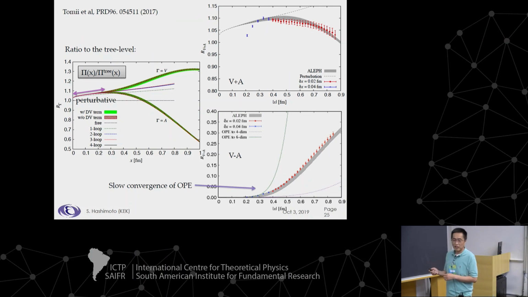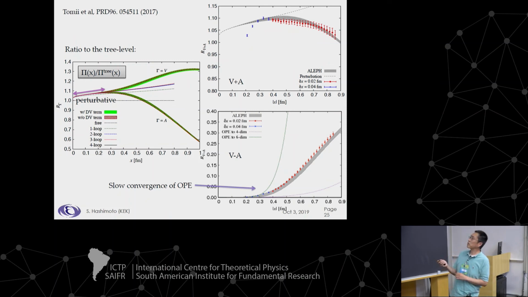And except for the region where the discretization effect is huge, we can somehow reproduce the experimental data for the V plus A, the average combinations.